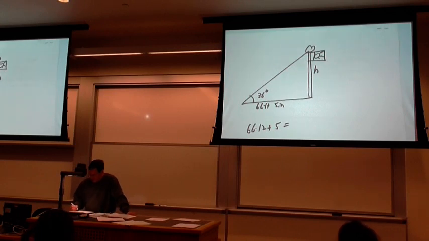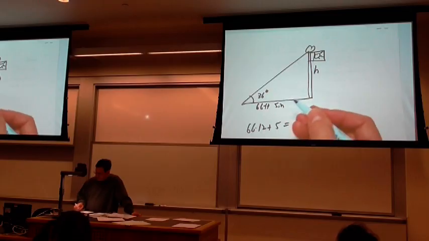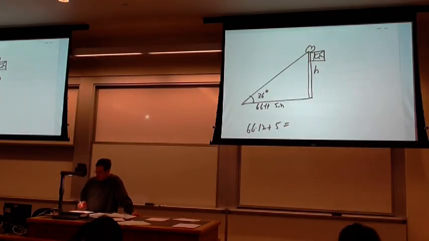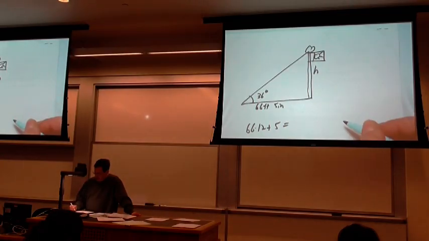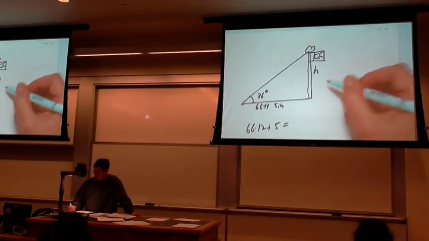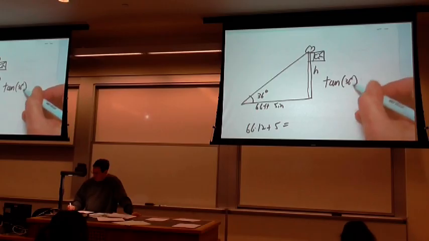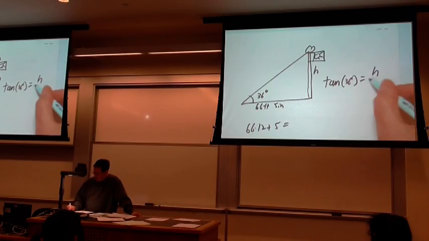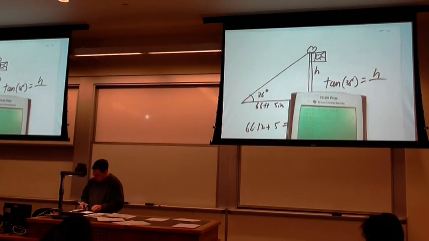It's the math flag. Okay, so we need a trigonometric function that's going to relate this angle to the height and to the shadow length. So it looks like it should be what trig function? Yeah, it looks like tangent of 36 degrees should equal h over, I don't want to figure out for such an ugly system.